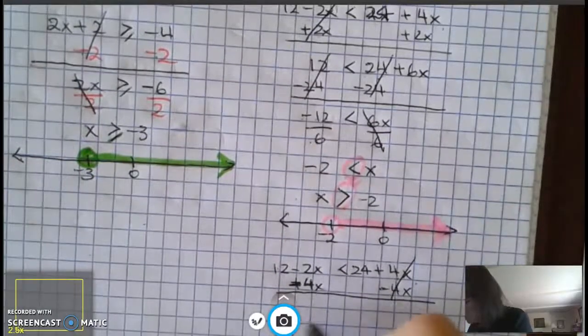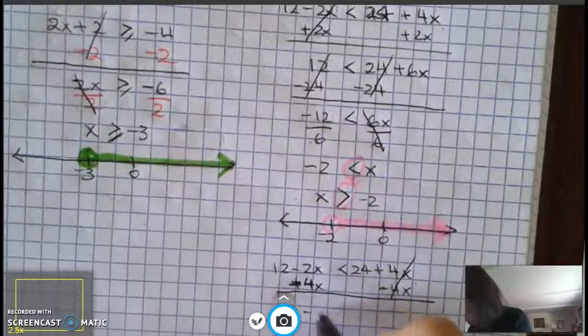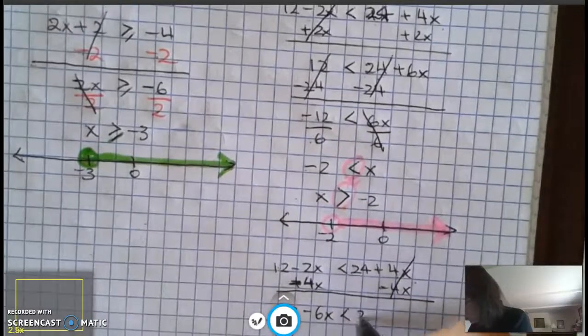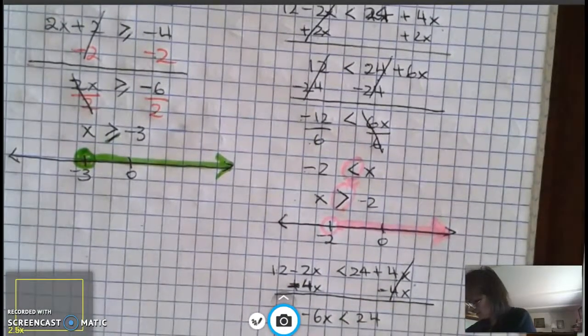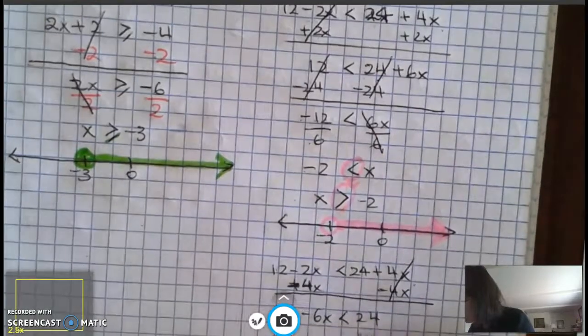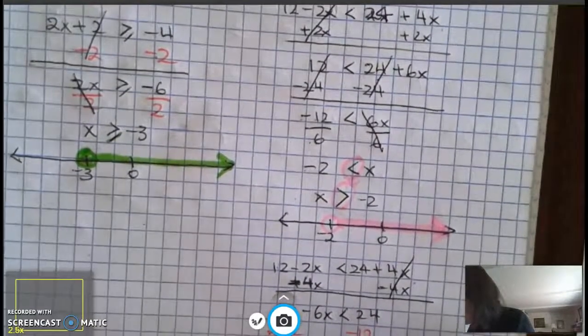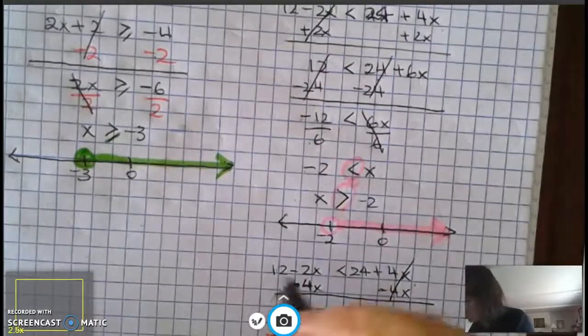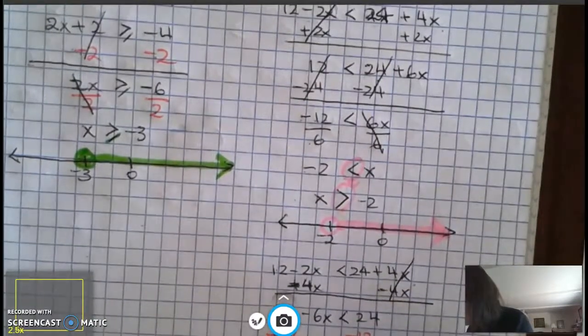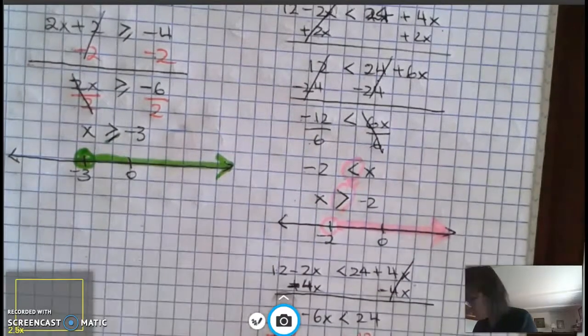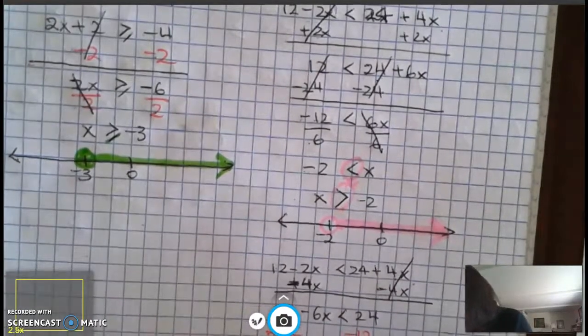This goes away and you're left with 12 minus 6x is less than 24. And then I want to get rid of this 12, so I am going to subtract 12 from both sides, which leaves me with negative 6x is less than 12.